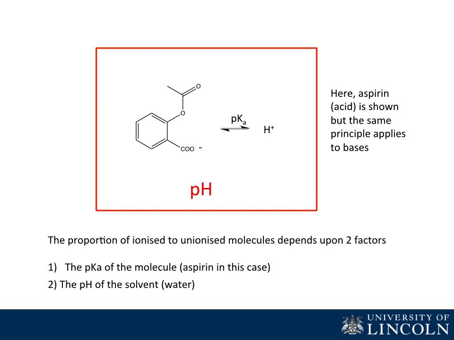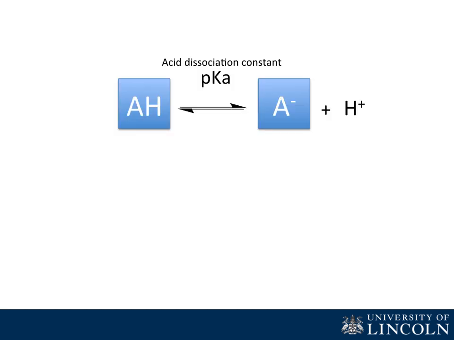Let's go back to that dissociation equation again and look at this in a little more detail. Here we have on the left the undissociated acid. We have an equilibrium by the pKa, and on the right we have the dissociated or the ionised acid.